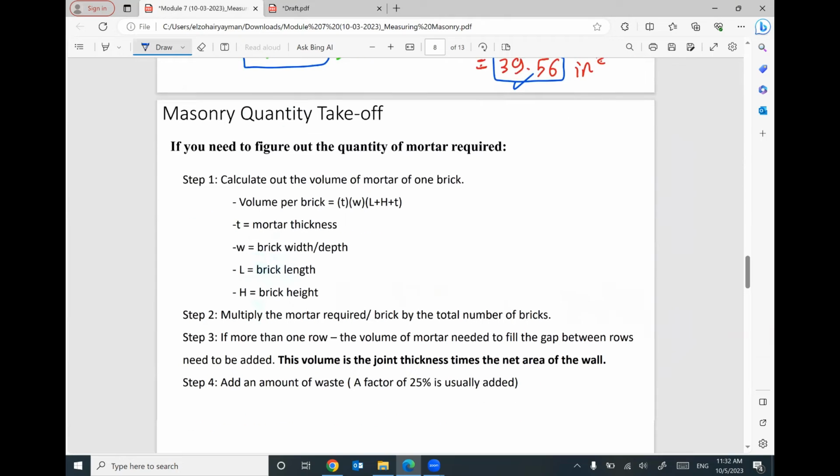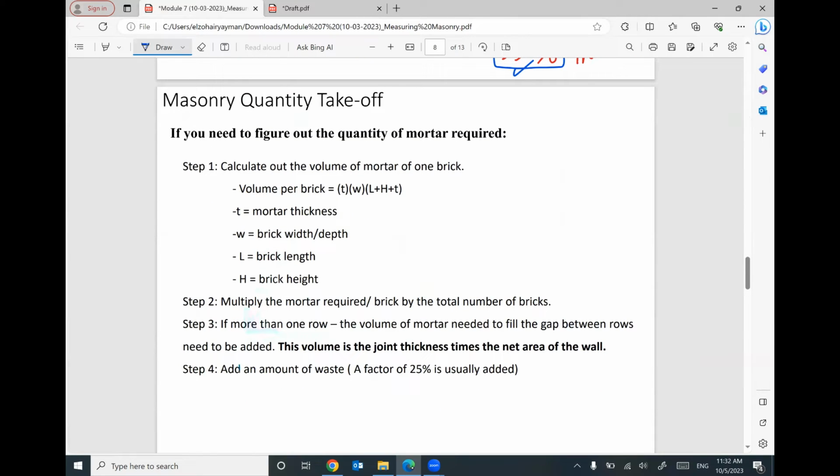No, sir. If you would like to figure out the quantity takeoff of mortar, I have 4 steps. The first step, I need to figure out this value, which represents how much mortar is needed to construct 1 brick. How much volume of mortar is needed to construct only 1 brick.